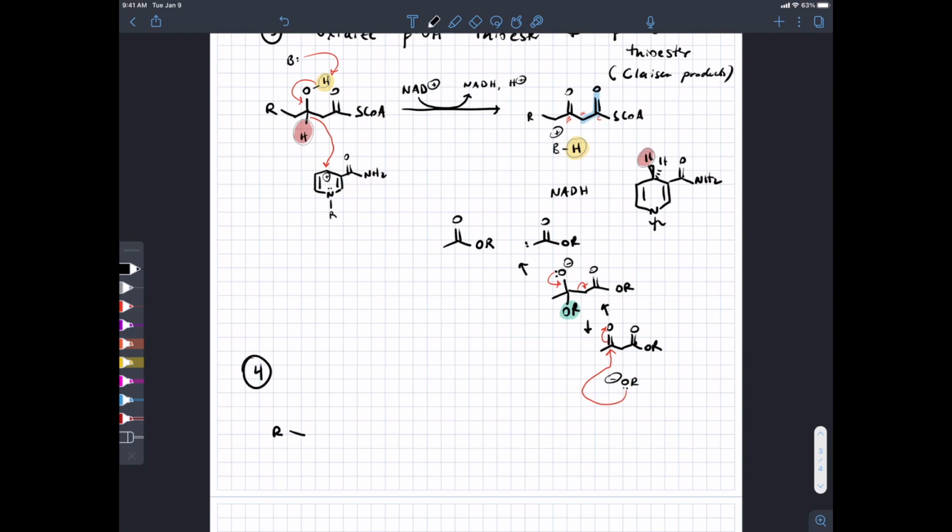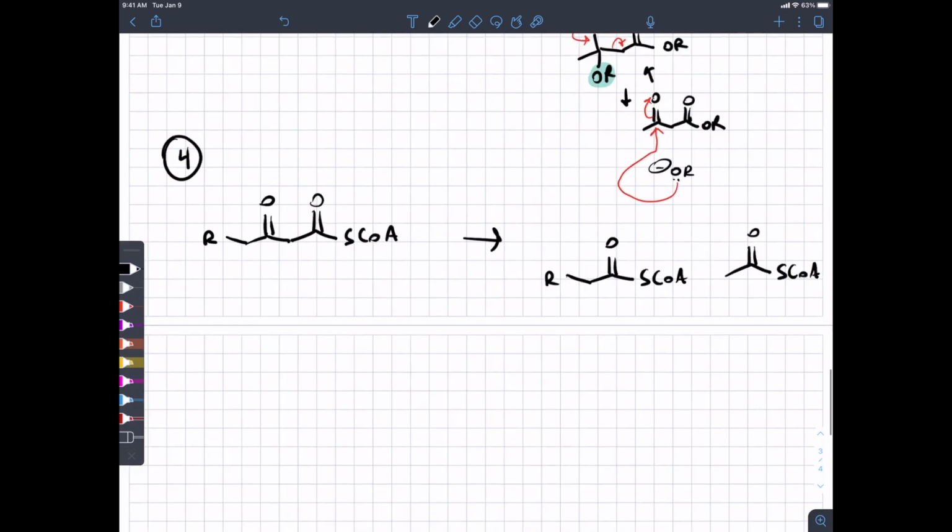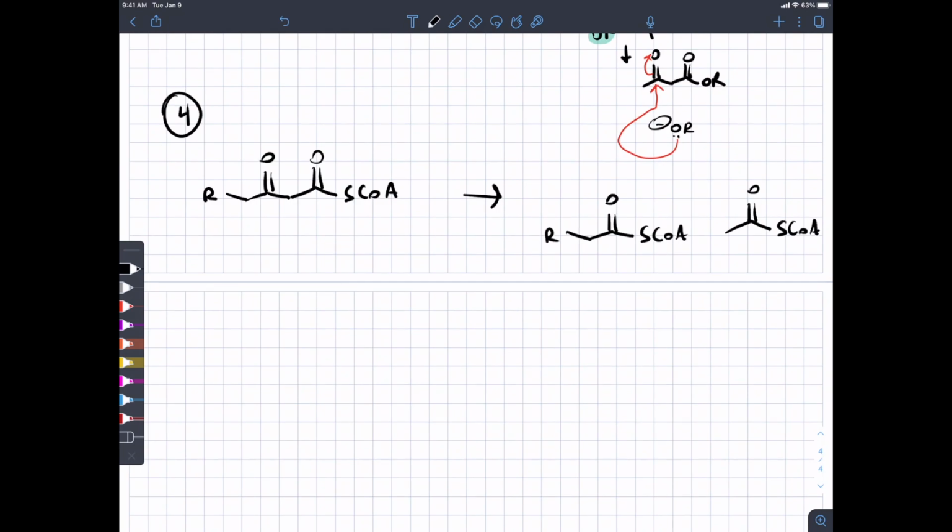What could I do to end up with the following products? What do you think? How's that reaction work? What's my first step?